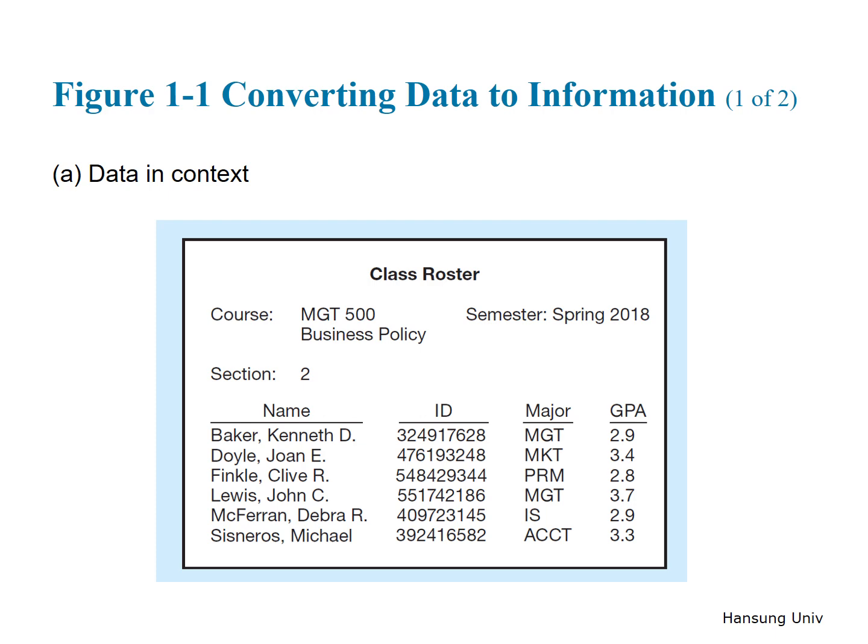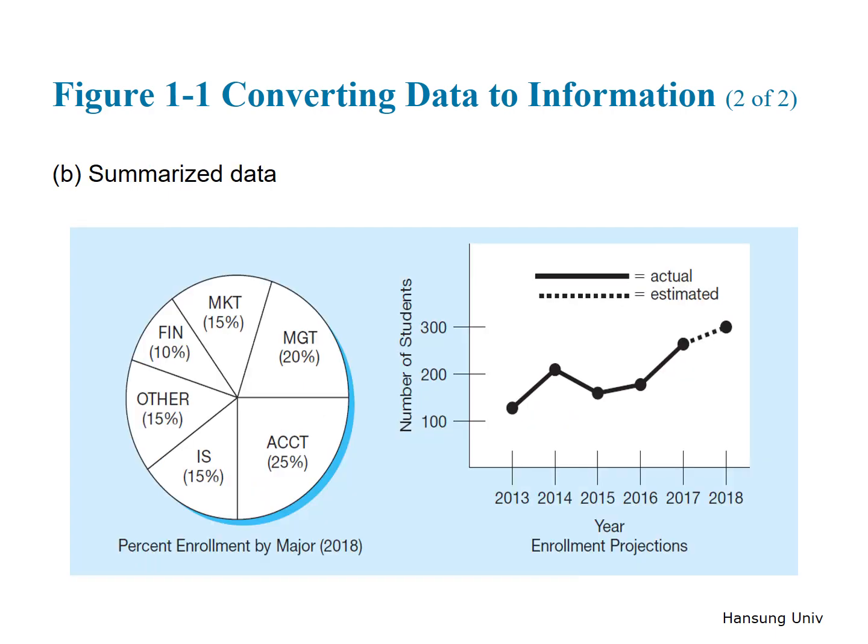Thus, we have gone from just raw data to some type of useful information by organizing the data. The concept of an entity is something we will discuss in detail later. And on the next page, we summarize data.